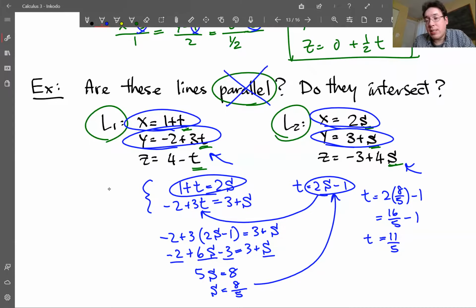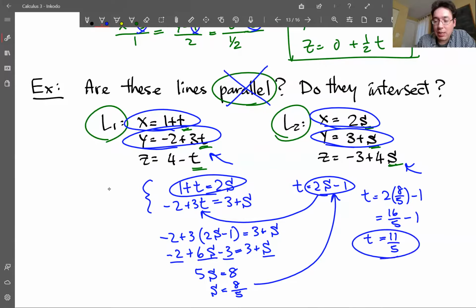Okay, so what does this mean? For the two lines, the x and y coordinates are equal to each other exactly when t is equal to 11/5 and s is equal to 8/5. But that doesn't mean that the z coordinates are equal. So let's see if they match.